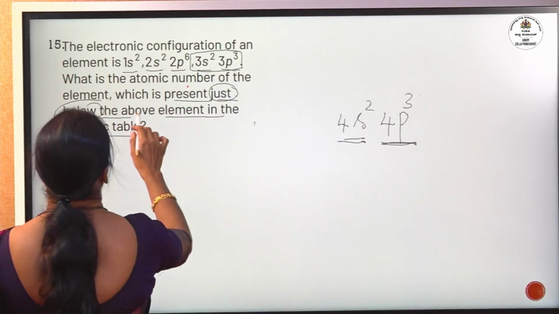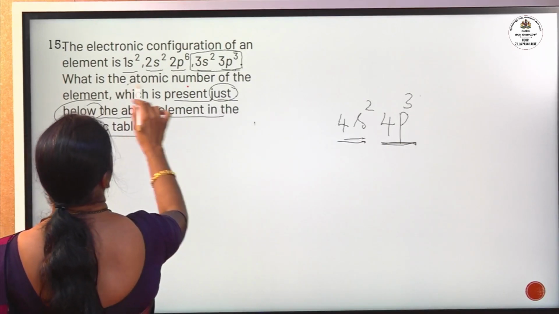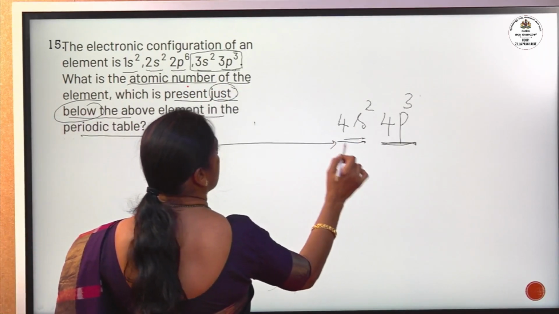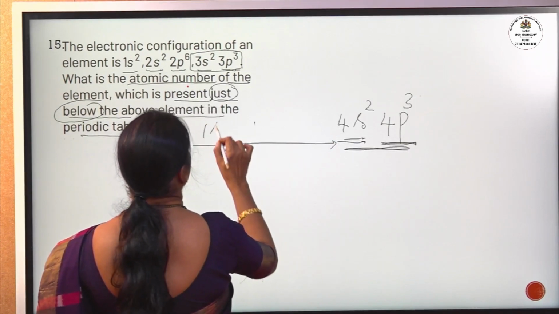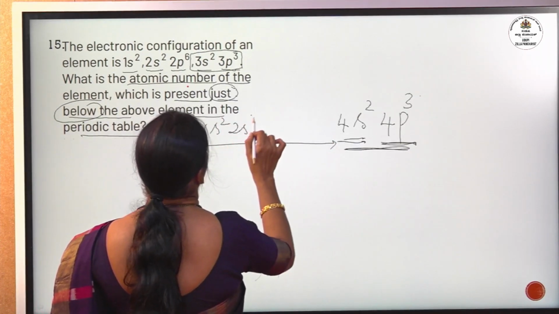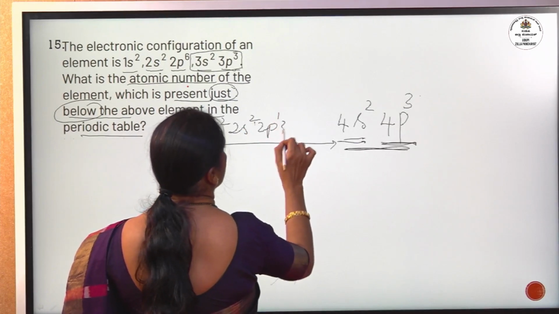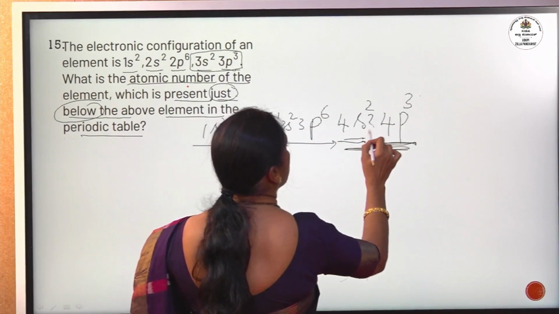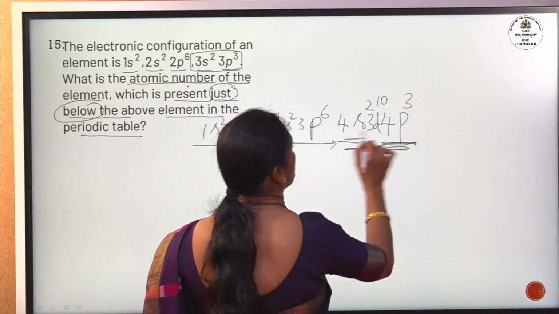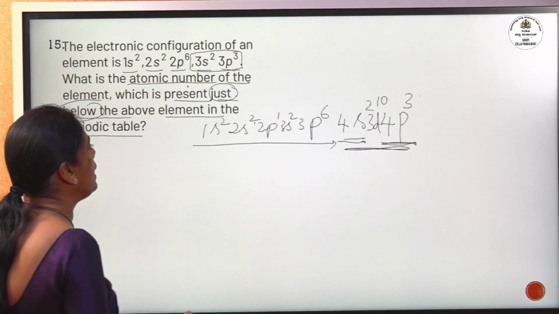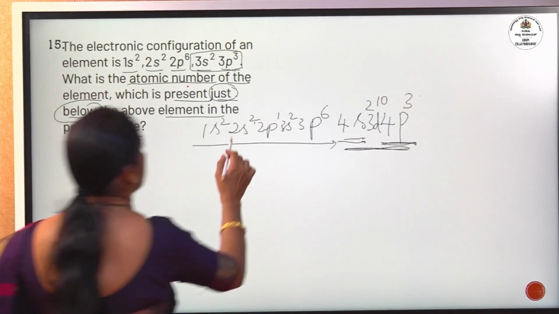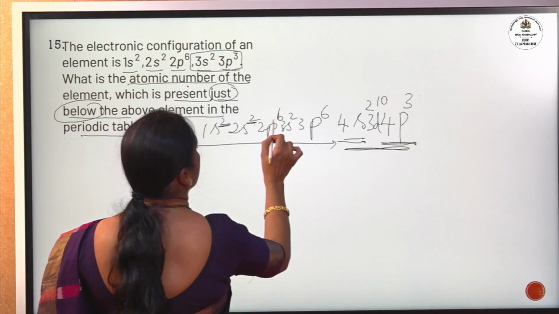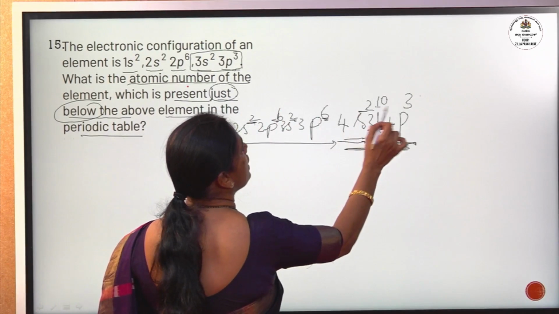Now, what is asked is the atomic number. So we should continue this. This is the outer electronic configuration, and the full electronic configuration is 1s2, 2s2, 2p6, 3s2, 3p6, 4s2. In between comes 3d10, then 4p3. Counting the electrons: 2, 4, 10, 12, 18, 20, 30, 33.